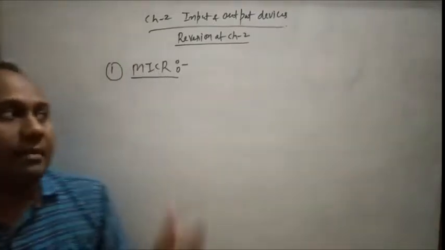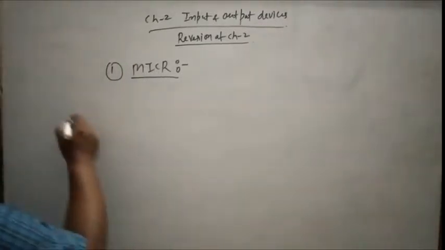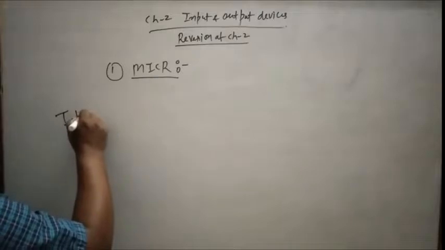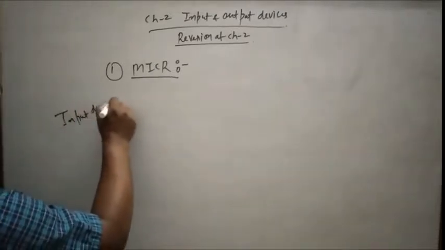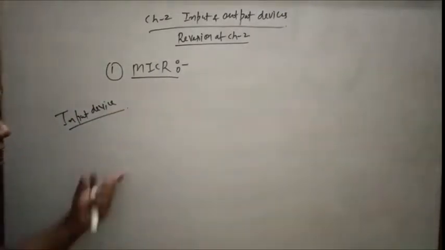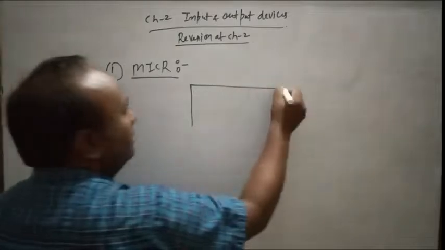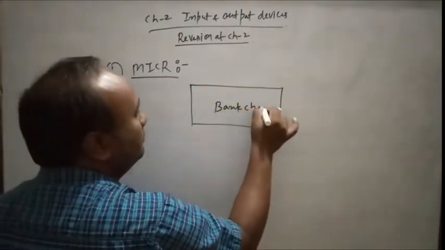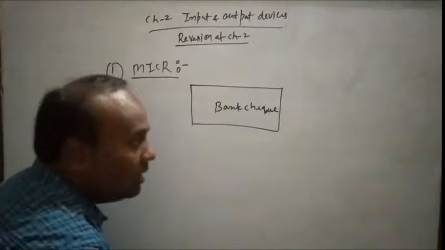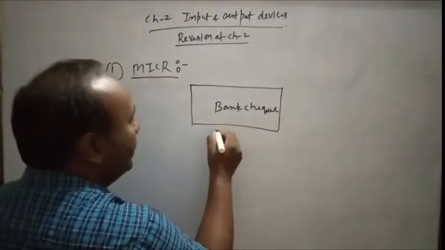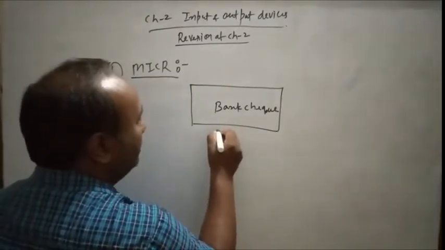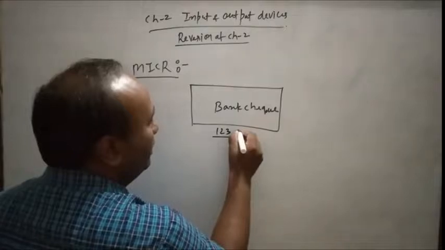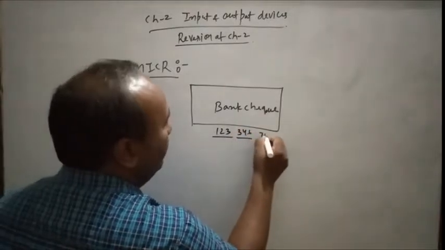If we talk about MICR, first of all it is an input device. Input device means MICR is a type of check. It is the bank check. Okay, and here some codes are given, a 9-digit code like 1 2 3 4 5 6 7 8 9.